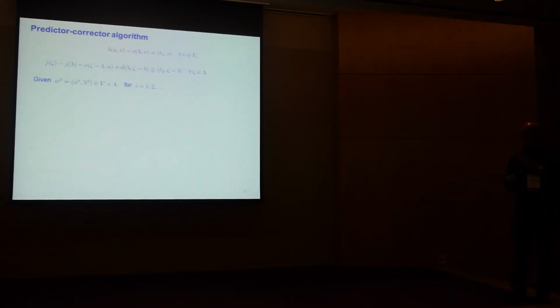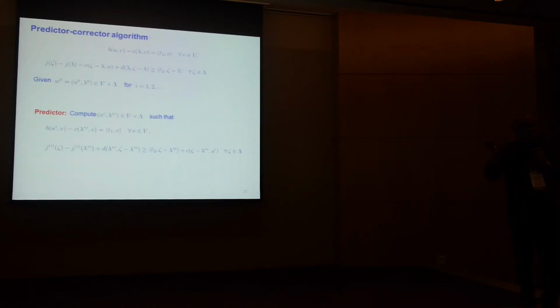So we go about as follows. We start with some initial guess, and then for the predictor step, I compute my ith iterate of u, let's call it displacement, and for lambda, which would be plastic strain in that context, I compute an intermediate value, which is why I've got a star on it.